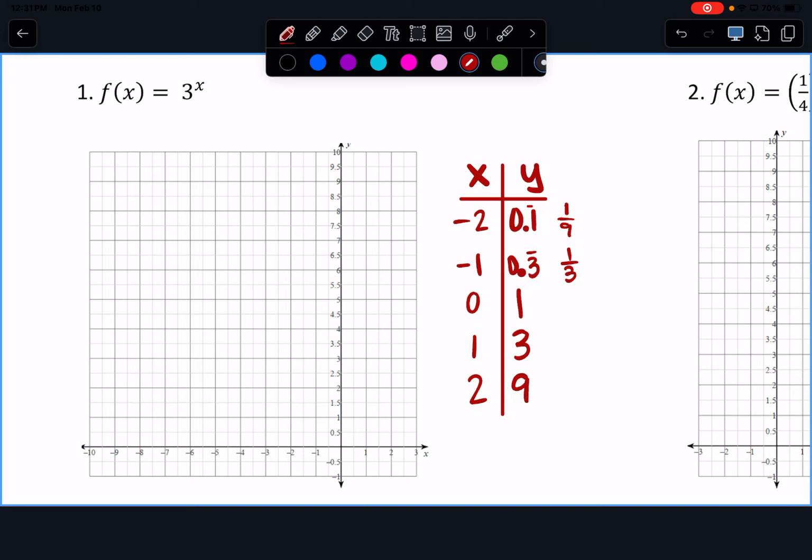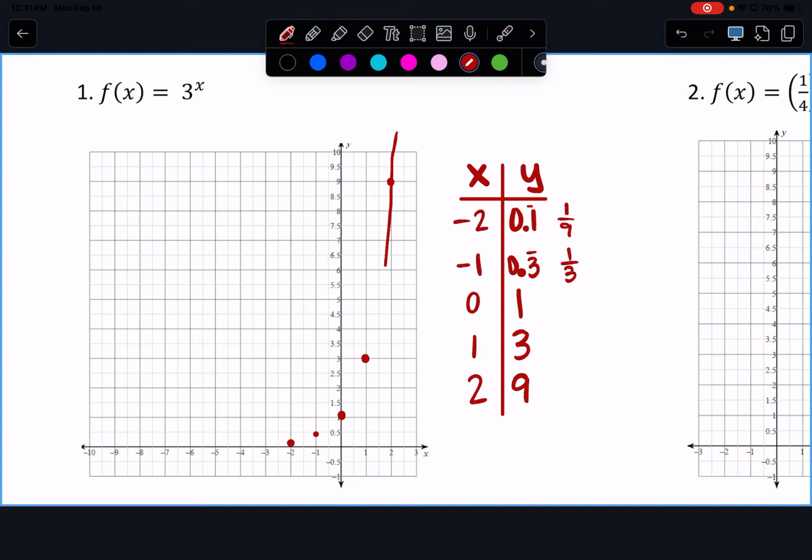Perfect. Now let's put these on here. So we're going to do -2 to the 0.01, so that's almost touching our line. -1 to the 0.03, that's almost at a half. 0, 1, 1, 3, 2, 9. That's our graph.